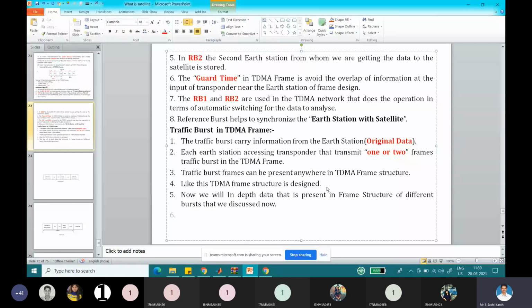In this, we will now see about the reference burst frame structure.